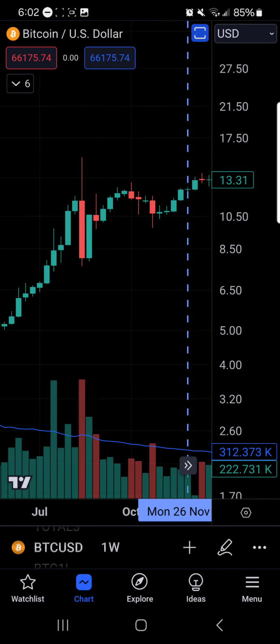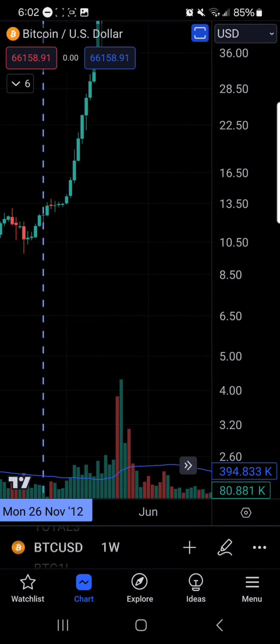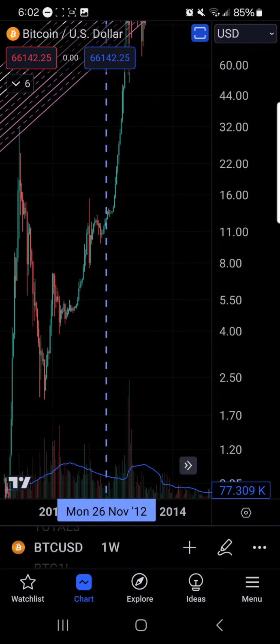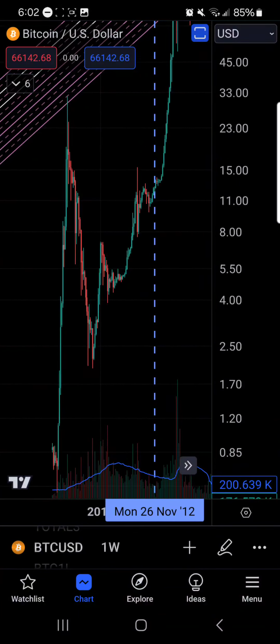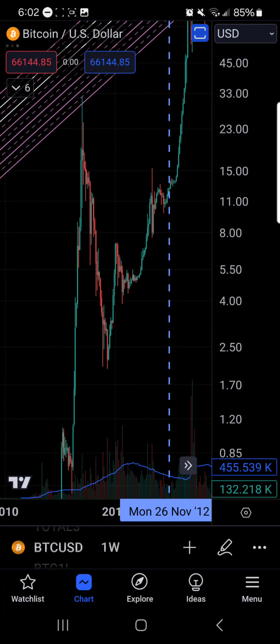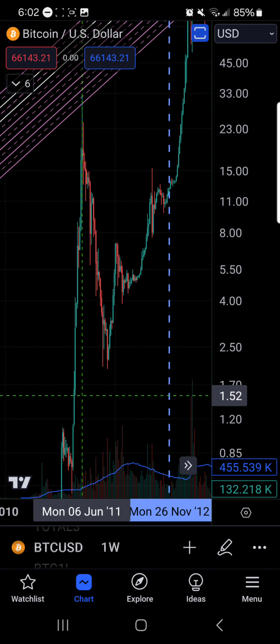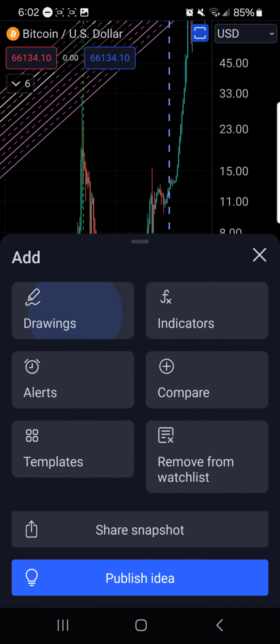Not much either. That's 8%. So 2012. Oh, look at this. But that is how much earlier? Like 5 months earlier, we did see a pretty dramatic move there.